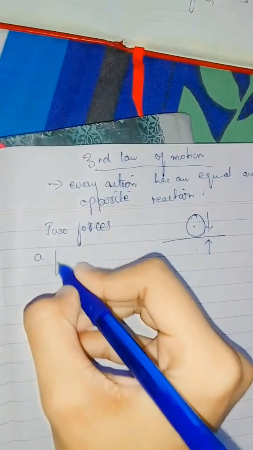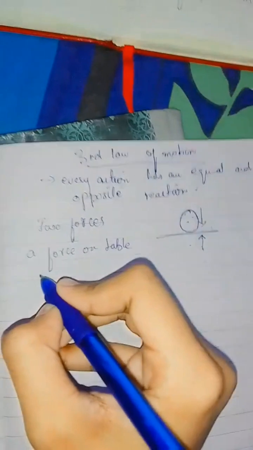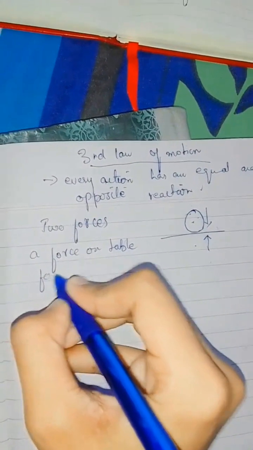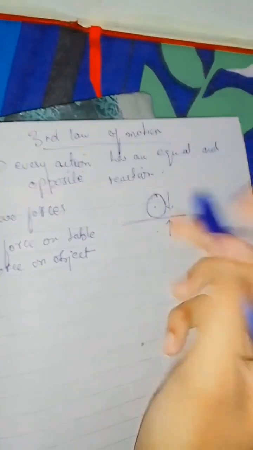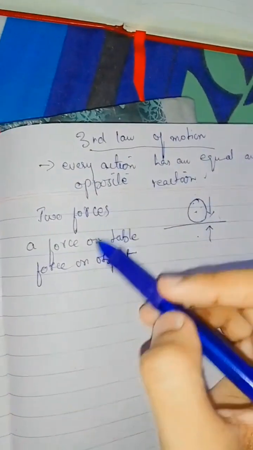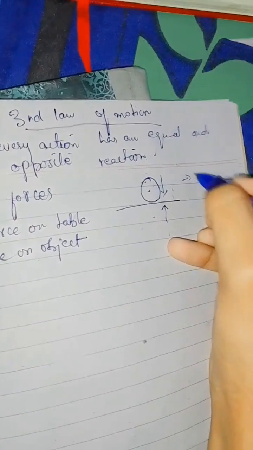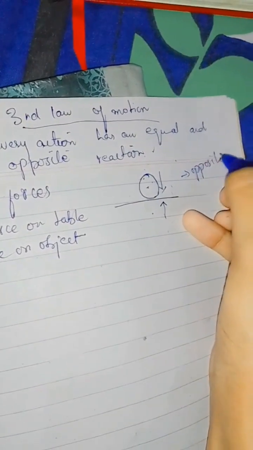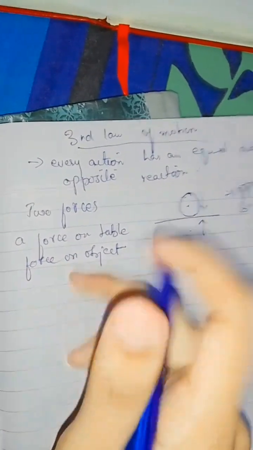The first force is a force on the table. The second force is a force on the object. Two forces would be there. The magnitudes of these two forces are the same, but the directions are opposite. The force on the table is downward and the force on the object is upward, so they have opposite directions, but the magnitude is the same.